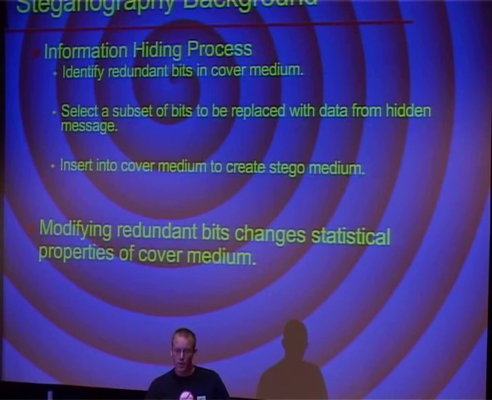And then finally, once you have selected the subset and put your message in there, you put everything together again and put it in the cover medium to create the stego medium that you'll finally use to transmit or put somewhere. And in this case, you can destroy the cover medium. The recipient doesn't need to know the cover medium in order to get your message. The stego medium itself is sufficient.